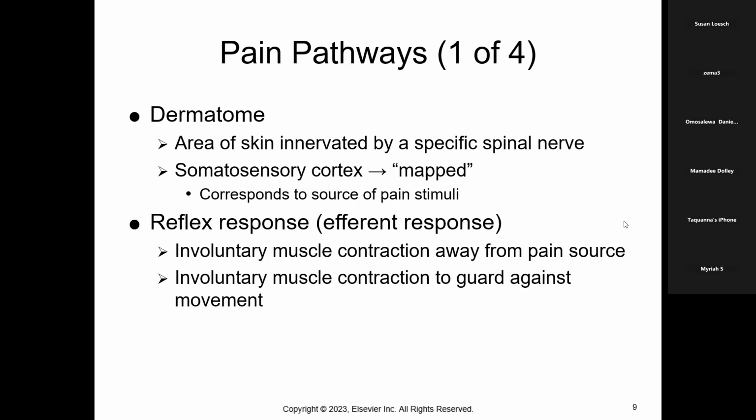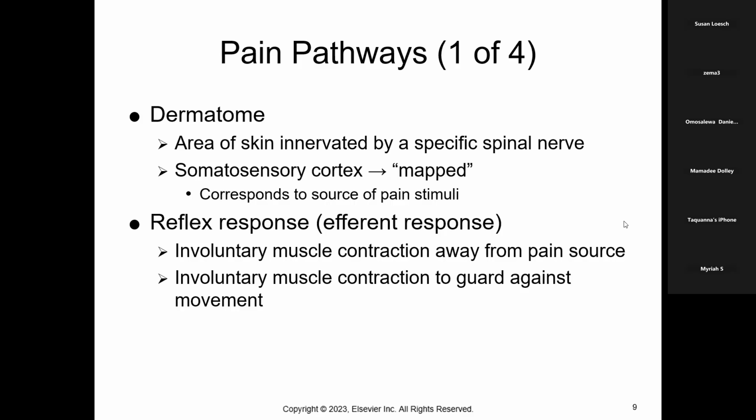So whenever you have pain or you're in discomfort, your somatosensory cortex recognizes that because the dermatomes are mapped out to certain areas, the body can try to relieve by taking some action. Okay. So the body is responding to the pain that it just sensed coming in on that afferent fiber. And now it's going to produce a response. Okay.